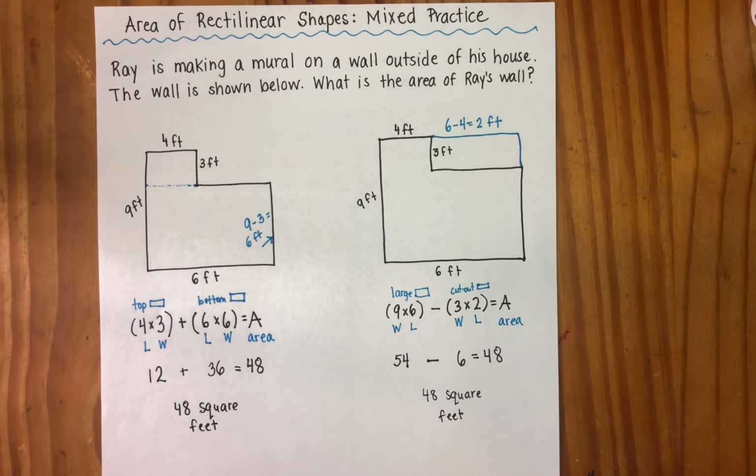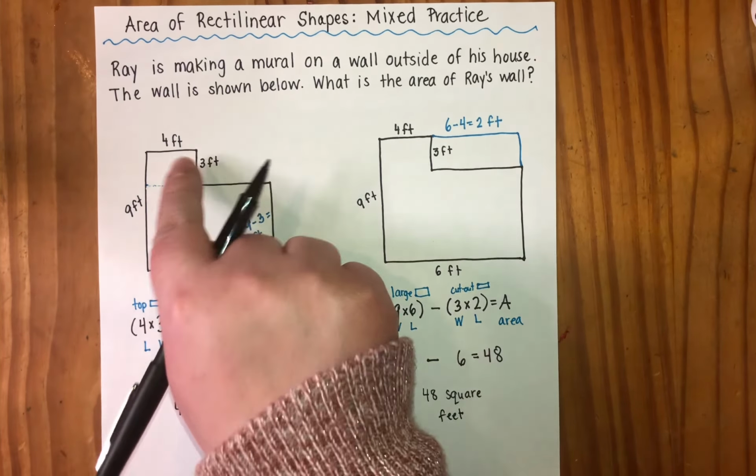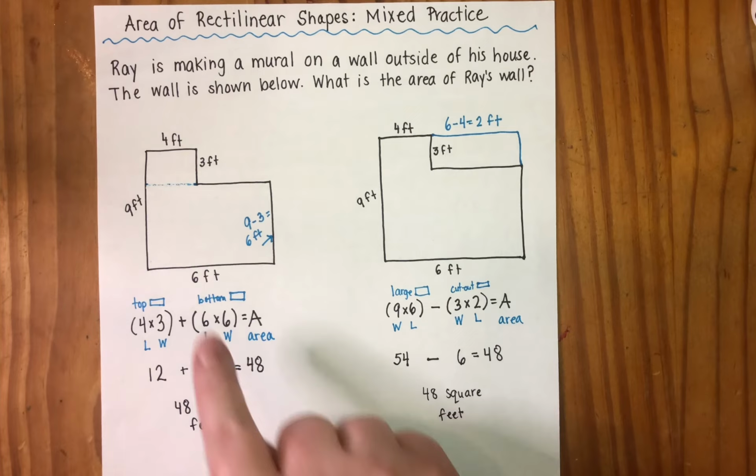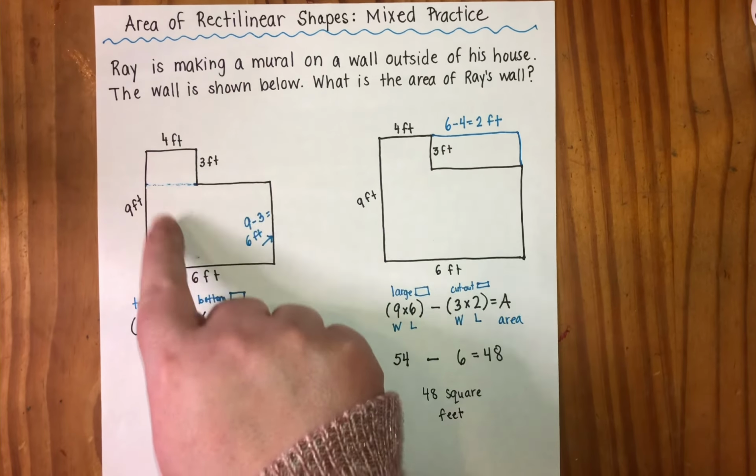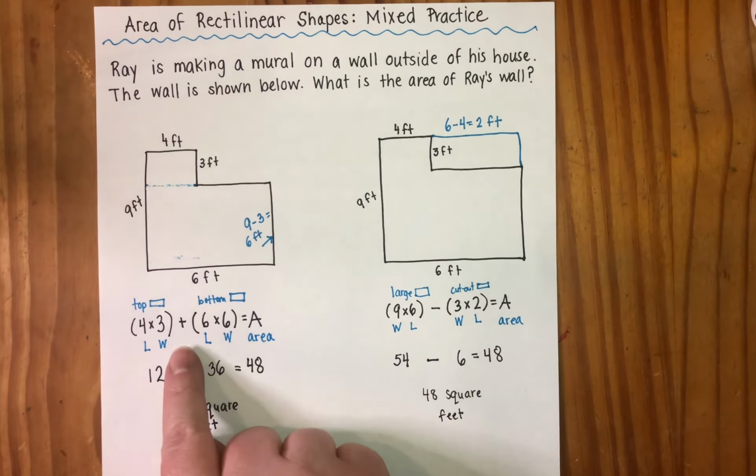Today, you have 2 strategies in your tool belt that you can use to find the area of rectilinear shapes. You can break the shape into 2 smaller rectangles, find the area of each rectangle, and add the areas together to find the total area.